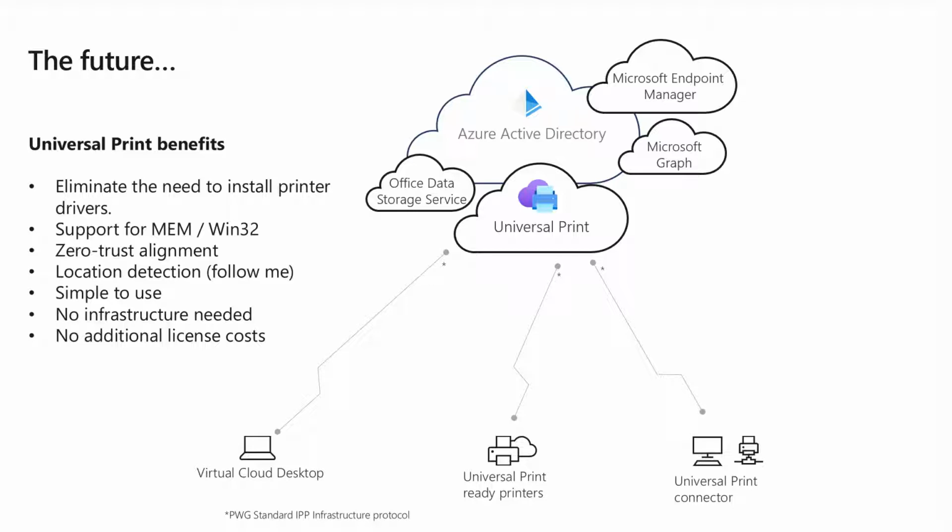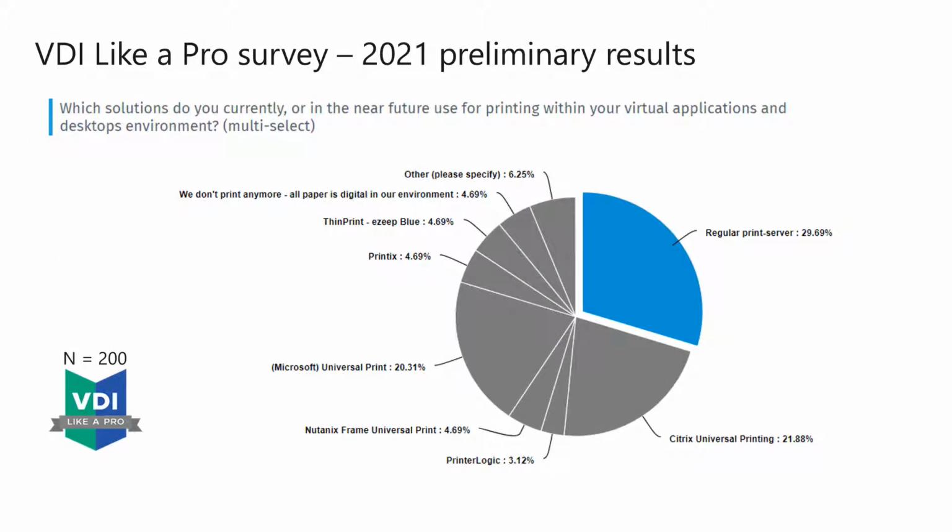So I already remind you in the beginning of this presentation, okay, is printing still important? And as part of the VDI Like a Pro survey preliminary results of 2021, which I'm doing together with Ruben and Mark, we asked the question, which solutions do you currently use or in the near future use for printing within your virtual apps and desktops environment?